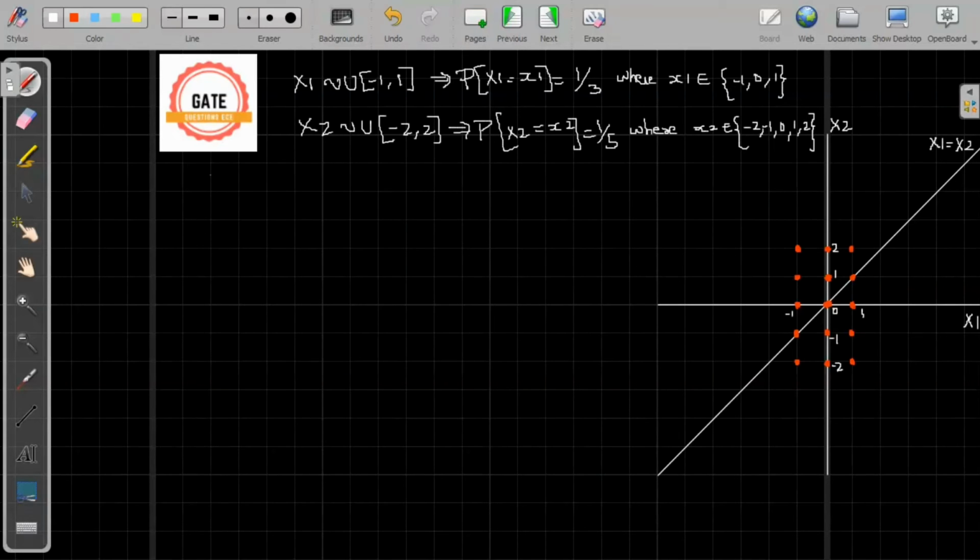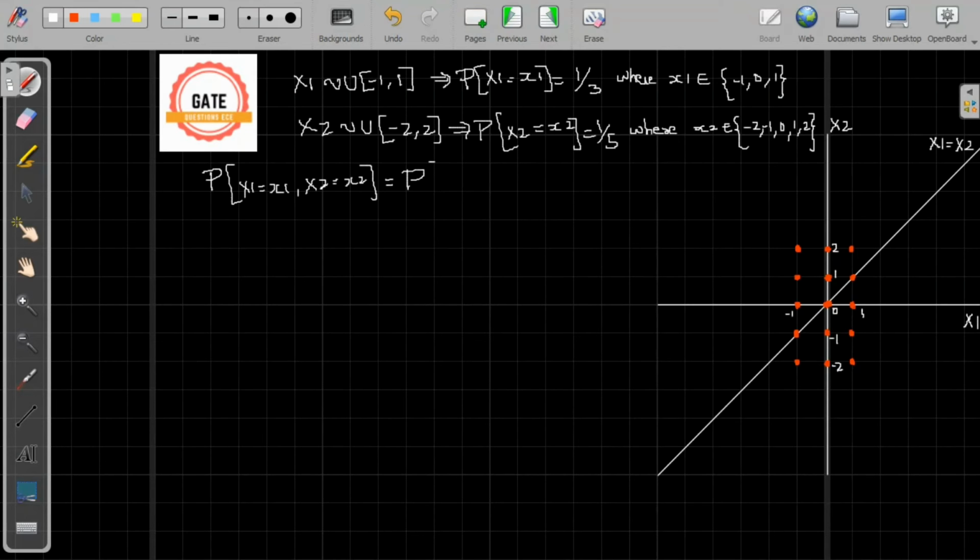So jointly x1 and x2 will have the joint probability that x1 is equal to small x1 and x2 is equal to small x2. This probability will be equal to the product of the marginal probabilities, because here x1 and x2 are independent random variables.